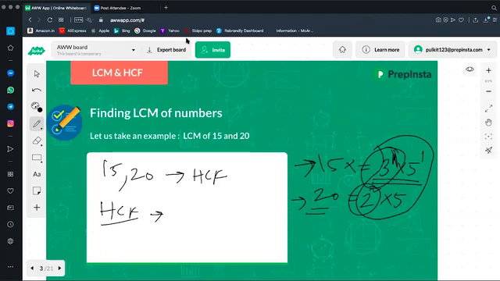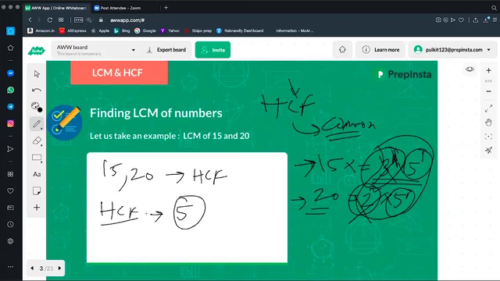No. So basically, I'll not take 2, I'll not take 3, because HCF is about common things, right? Common. So what is common? In 15, we have 5 raised to the power 1. In 20, we have 5 raised to the power 1. So that means the HCF is 5. Do we agree, everyone? Yes or no?